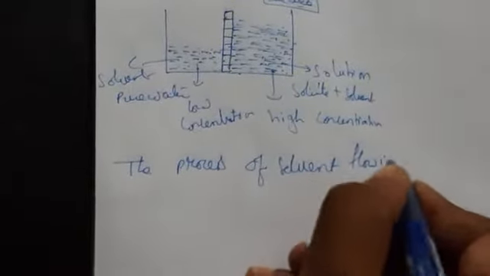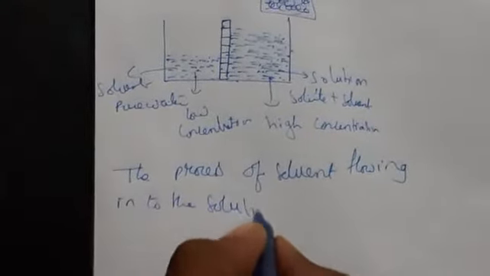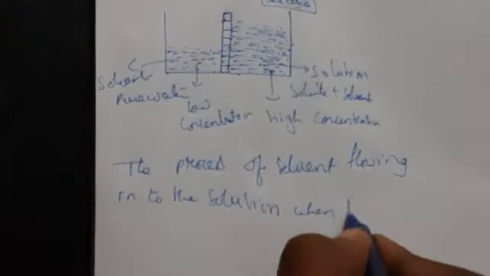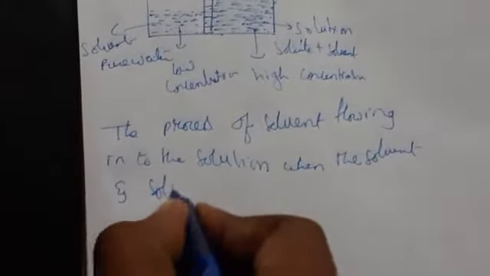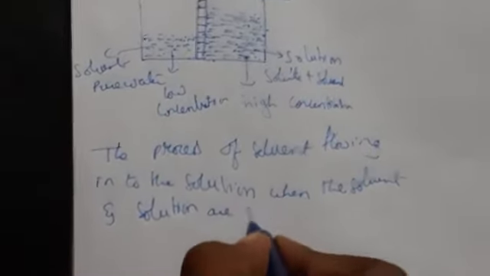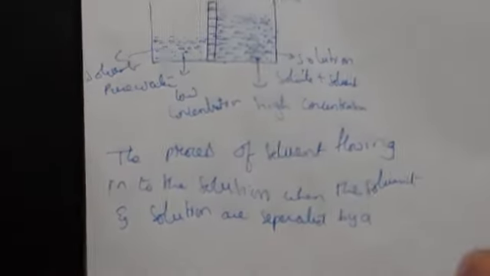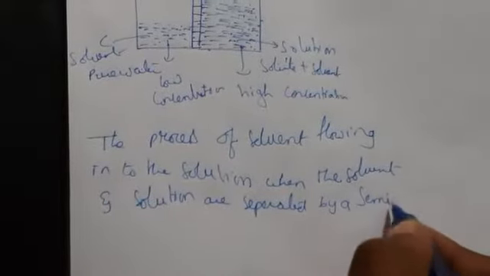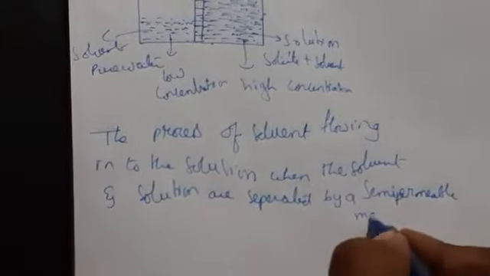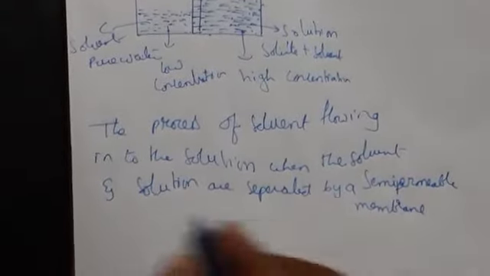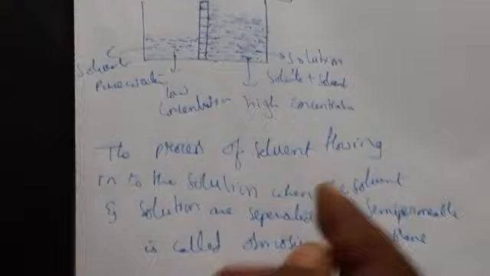The process of solvent flowing into the solution, when the solvent and solution are separated by a semi-permeable membrane, we call it osmosis.